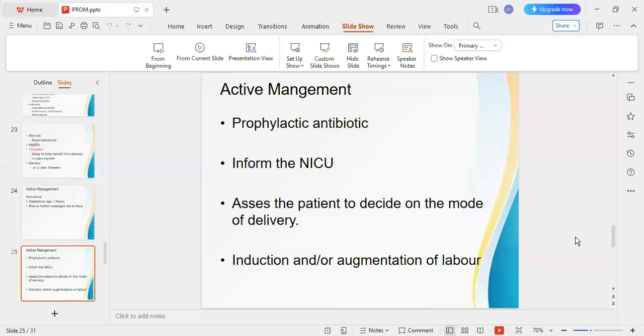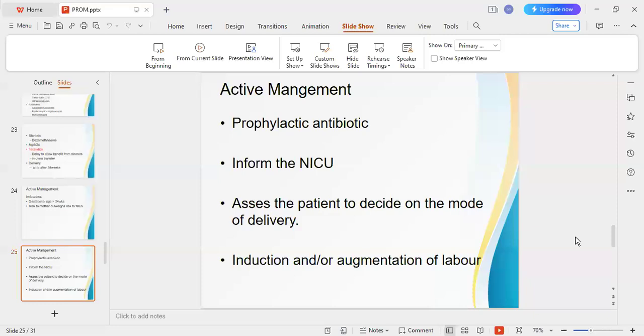So you have to examine your patient, put everything together and see if there are no contraindications to vaginal delivery. You allow this woman to undergo vaginal delivery, but if there are, you perform a cesarean section for this patient.